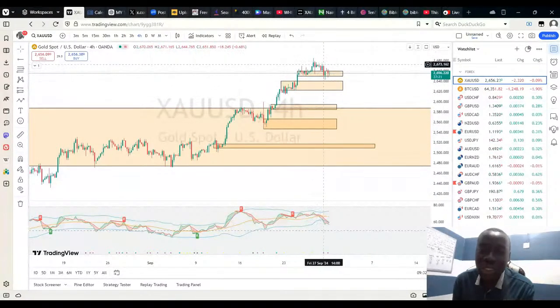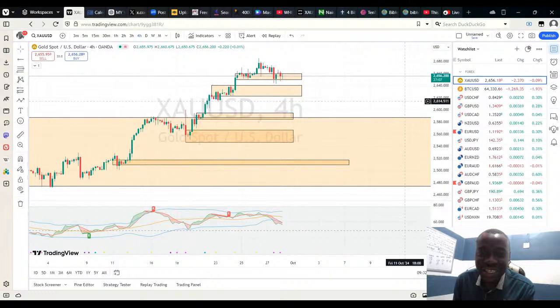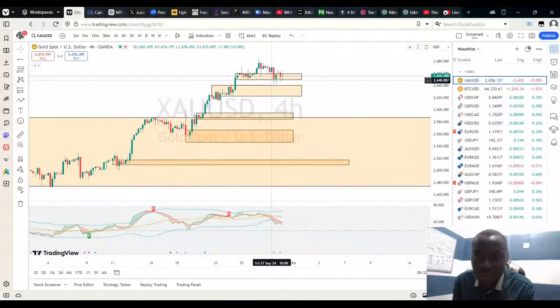I told us that I'm expecting this price to pull back to 2654, then we'll look for a buy opportunity there. And look at it, that is exactly what they are doing. They even came to 2643, then they started pushing it to the top.